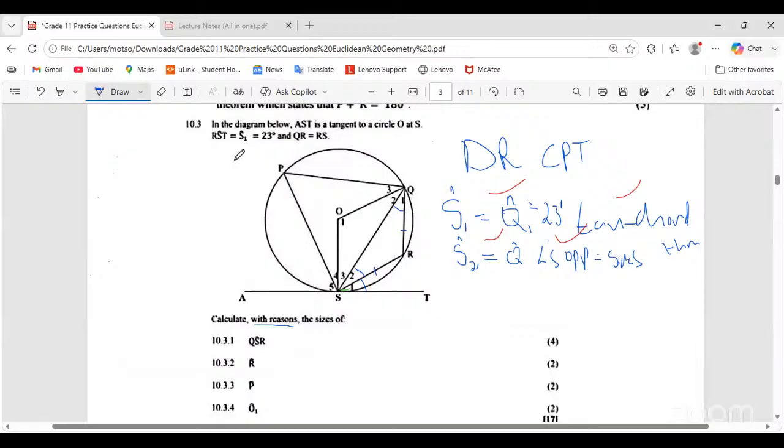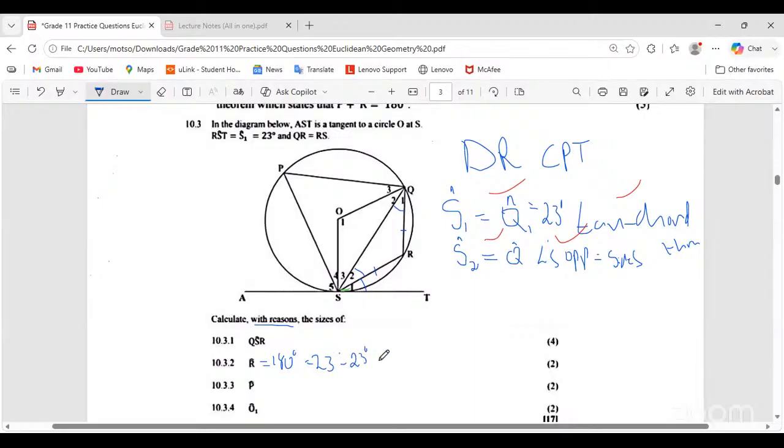Now, let's proceed to the next question, 10.3.2. We are required to find the angle R, which is this one. This is the triangle. Remember, the interior angles of a triangle are supplementary. Therefore, to find R, we can simply say 180 degrees minus S2, which is 23, minus Q1, which is 23 as well.